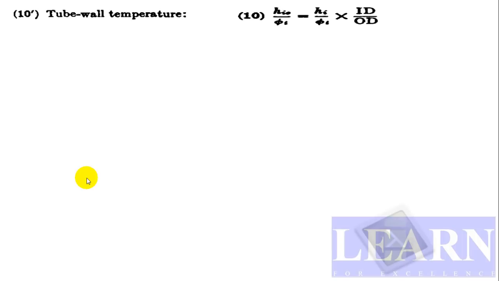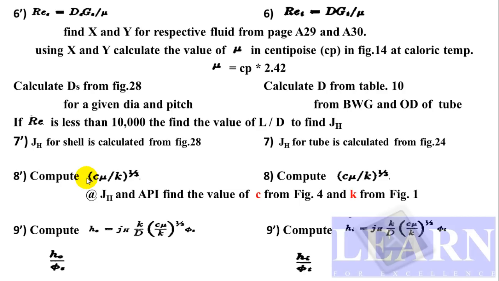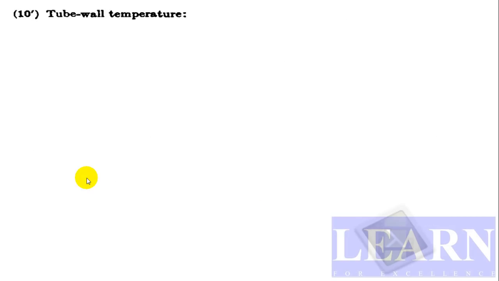So here we need to find the corrected coefficient ratio. This Hi naught by phi t is equal to Hi by phi t, which we have calculated in the previous equation, that is nothing but step number 9. From there we are going to take the value of Hi by phi t and multiply it with the inner diameter and the outer diameter. If you multiply this, we are going to get the value of the corrected coefficient.